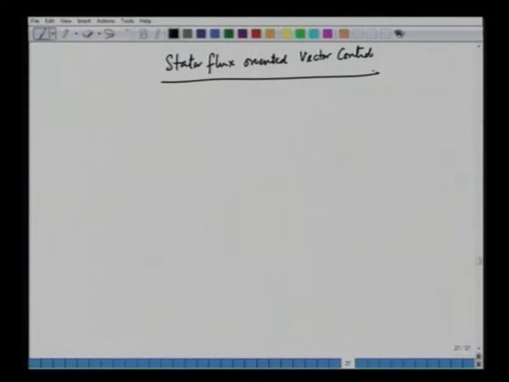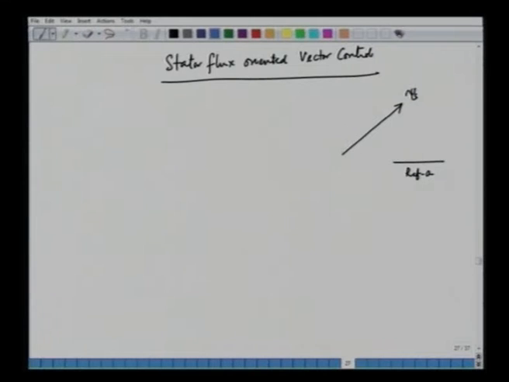Now, in this case also, if this is our phase A axis, the reference A, what we are doing here is tracking the stator flux. This is our psi s, and we orient our d axis along the stator flux vector.